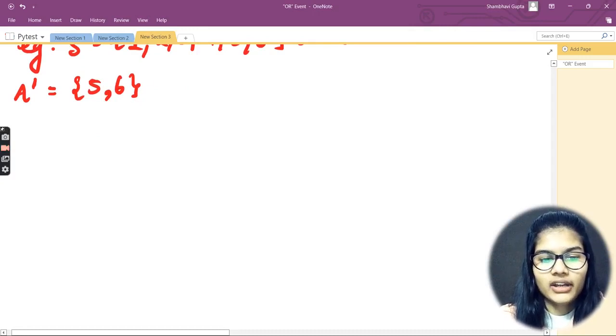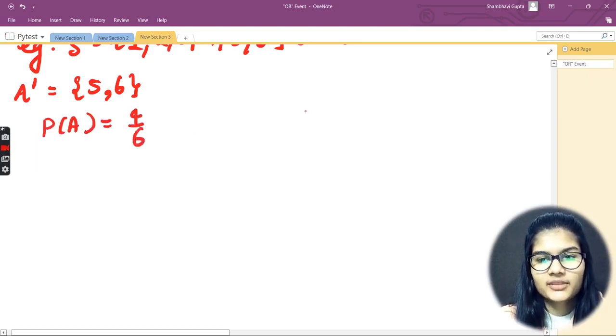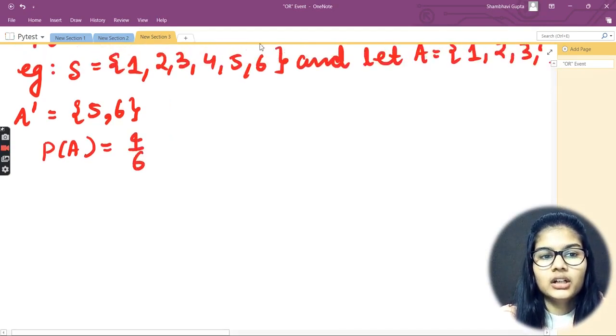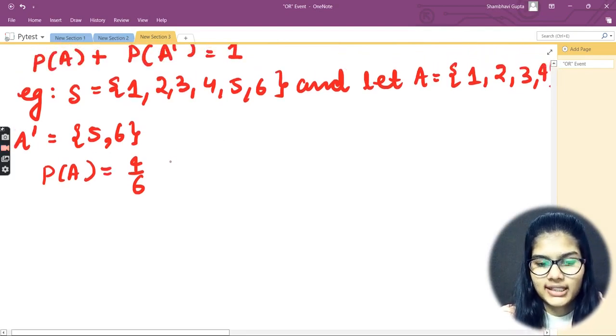Now if I have to find the probability of A, my probability of A will be 4 by 6, because in the total sample space you have 6 numbers, and for A you have 4, so it's 4 by 6.